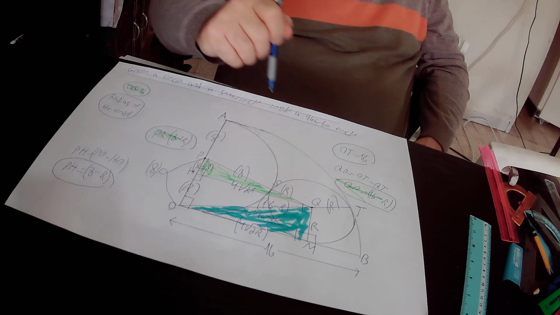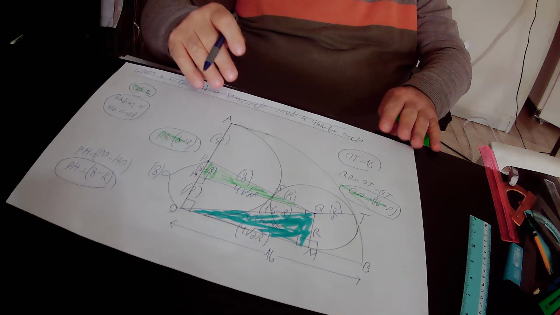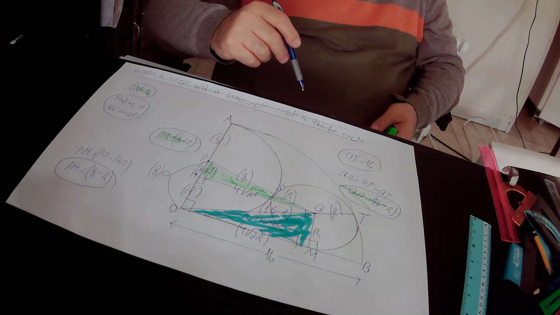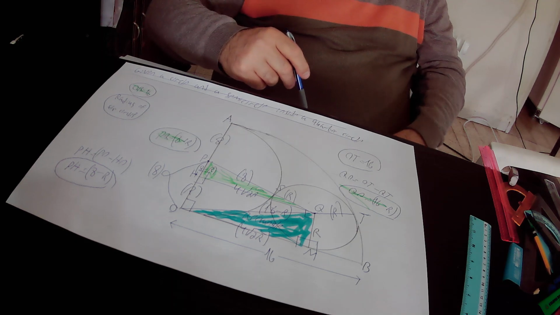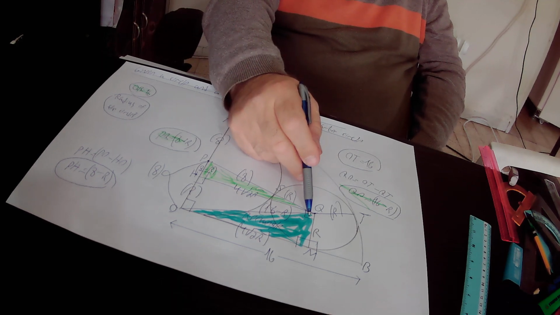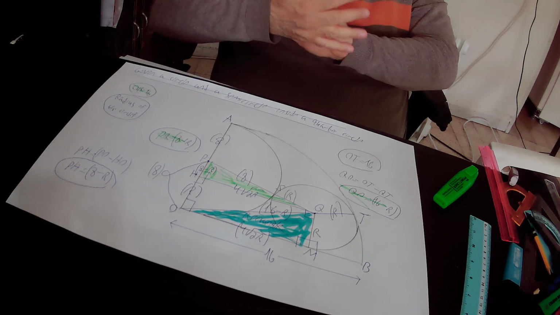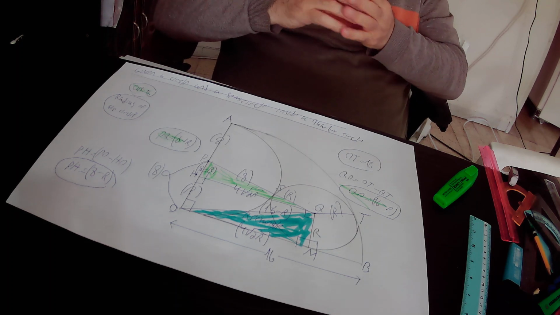Inside this quadrangle QEOM, we have 1, 2, 3 right angles. The sum of 3 right angles is 270 degrees. So 270 degrees plus the size of this fourth angle must in total equal 360 degrees, according to the rule that the sum of the angles in any quadrangle is equal to 360 degrees.